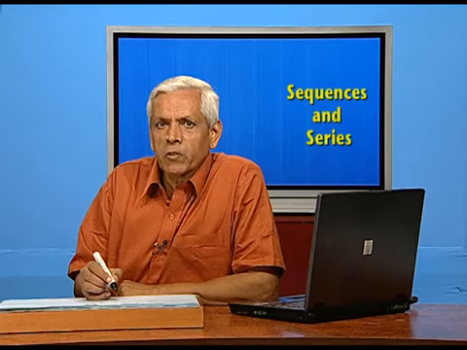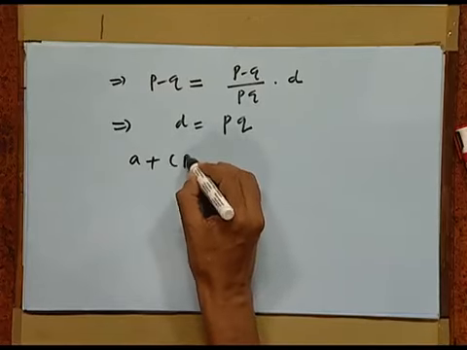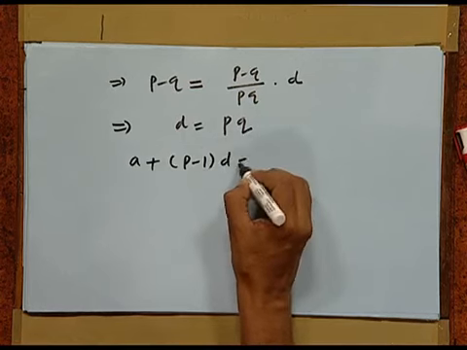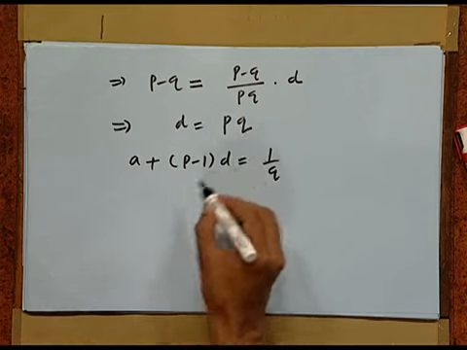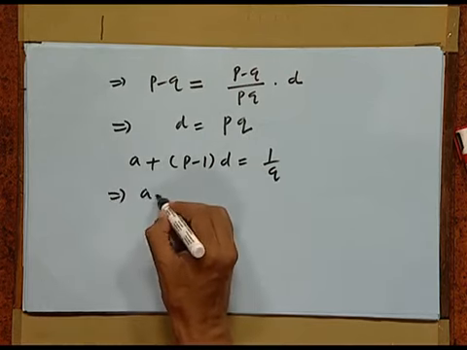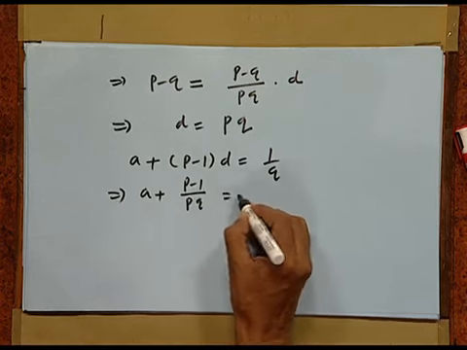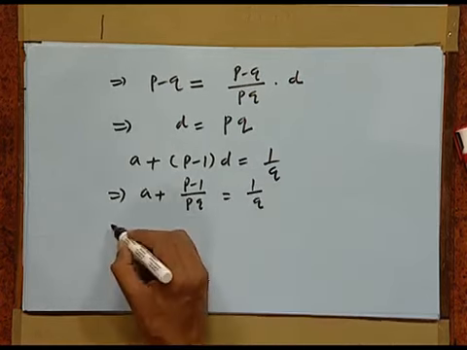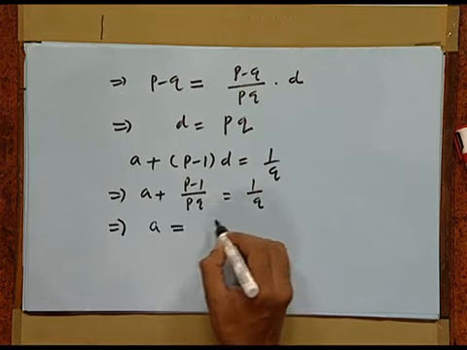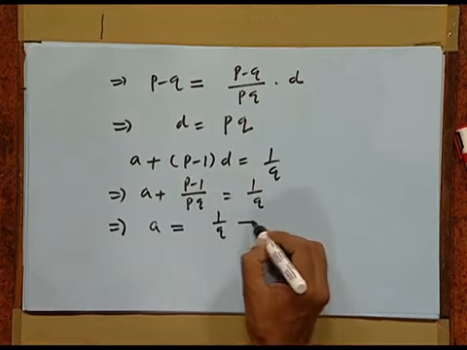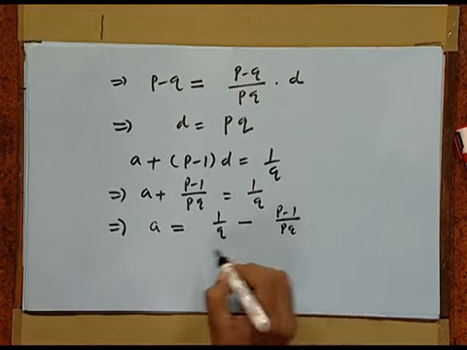From the first equation we have a plus (p minus 1) d is equal to 1 upon q. But now we know the value of d, so we get a plus (p minus 1) upon pq is 1 upon q, which gives a is equal to 1 upon q minus (p minus 1) upon pq.